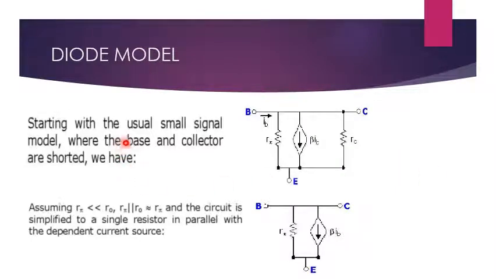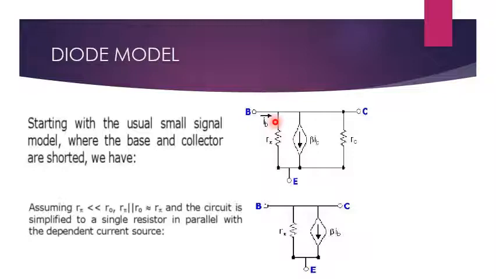Now, starting with the usual small signal model, where the base and collector are shorted. I told you that base and collector are shorted, as we have seen in the previous circuit in the NPN and PNP.